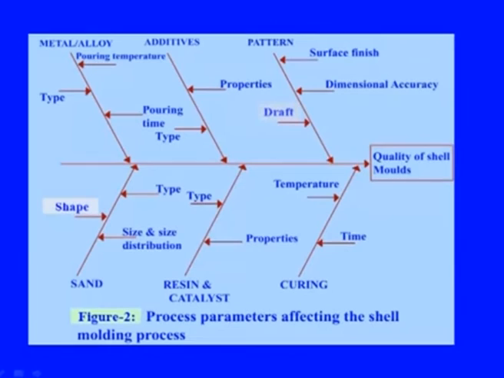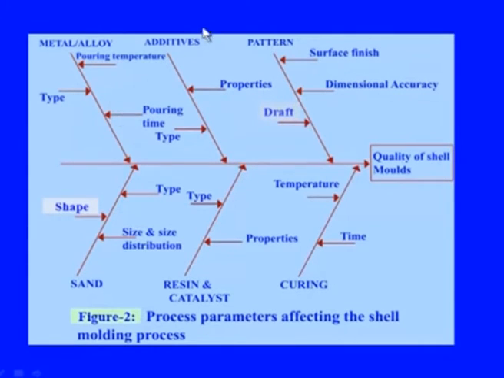Here is the process Ishikawa cause and effect diagram, in which, as shown on the screen, there are groups of parameters like metal and alloy based parameters, which include pouring temperature, type of the metal or alloy, and then pouring time.